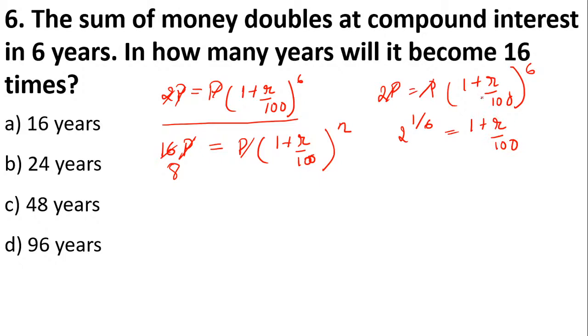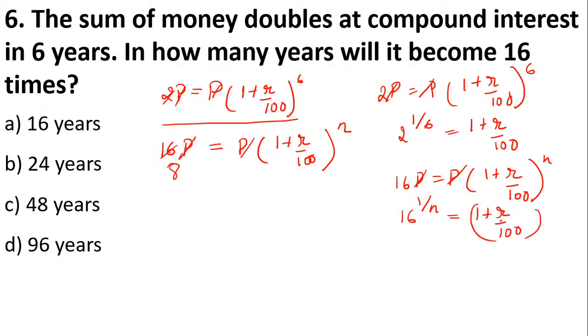In mathematics, if a power is on one side, it is 6, and if it goes to the other side, it becomes 1 upon 6. The same way I am going to apply to the other as well. 16P is equal to P into 1 plus R upon 100 to the power of n. P cancels, and 16 to the power of 1 upon n becomes 1 plus R upon 100.